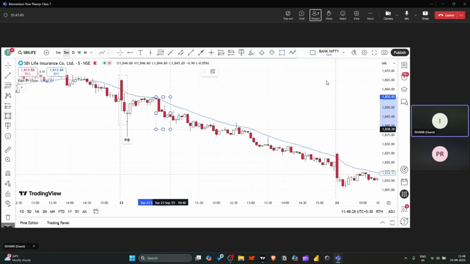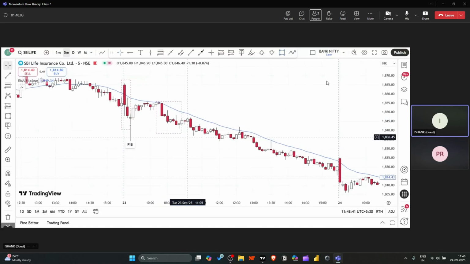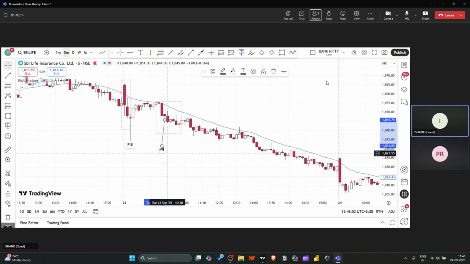That is also a bear doji bar, so including that you have to mark. Correct. You have MPB 1, MPB 2, and PIB. Correct.